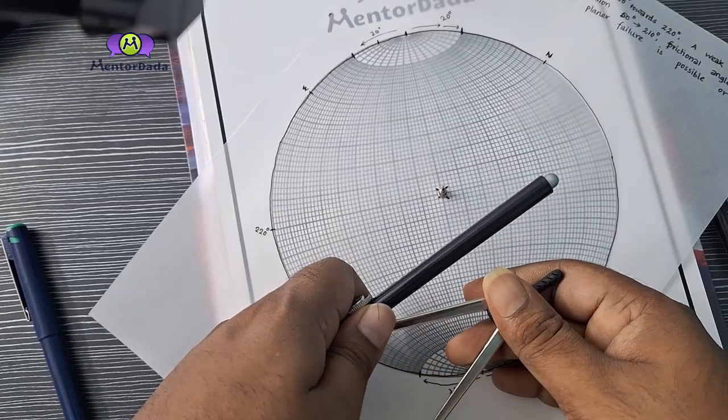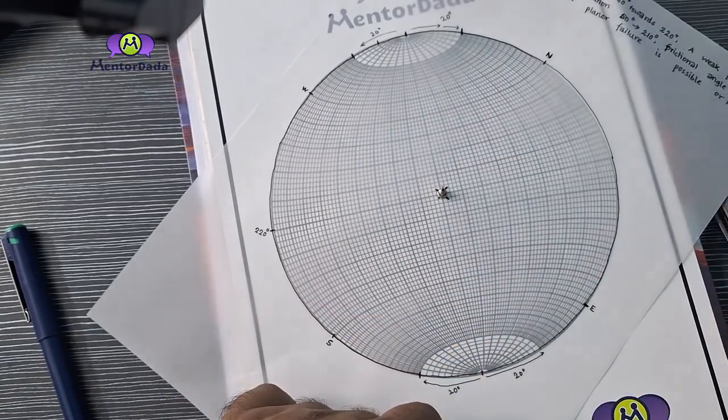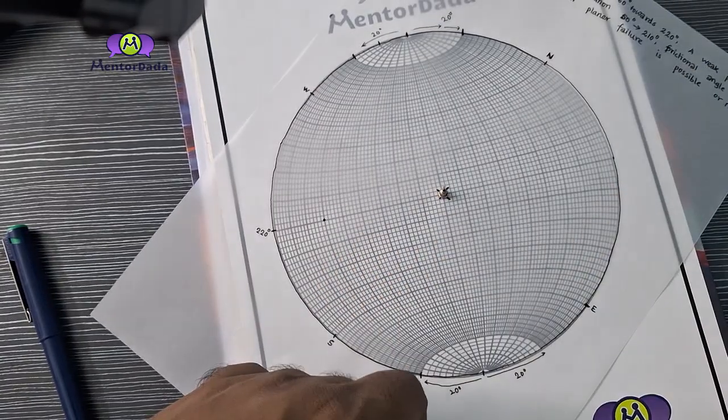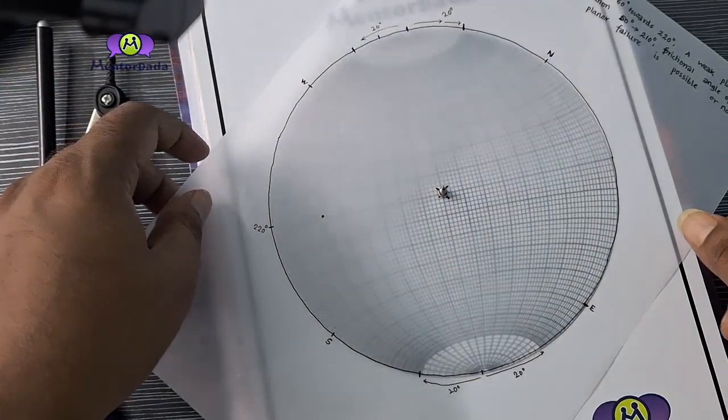So look, 10, 20, 30. Okay, and we can do another thing also.